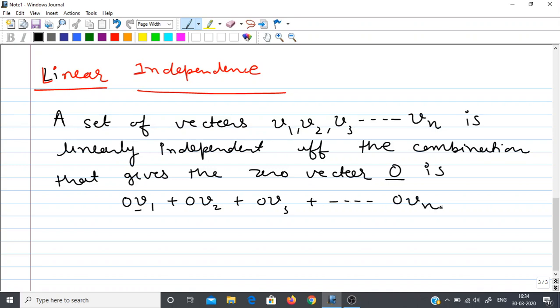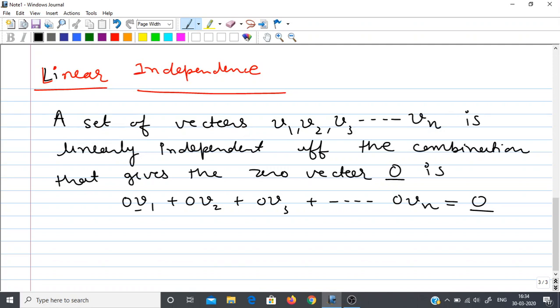So only this combination, where all the coefficients of v1, v2, v3 and vn are 0, produces the 0 vector. Then this set of n vectors is linearly independent.